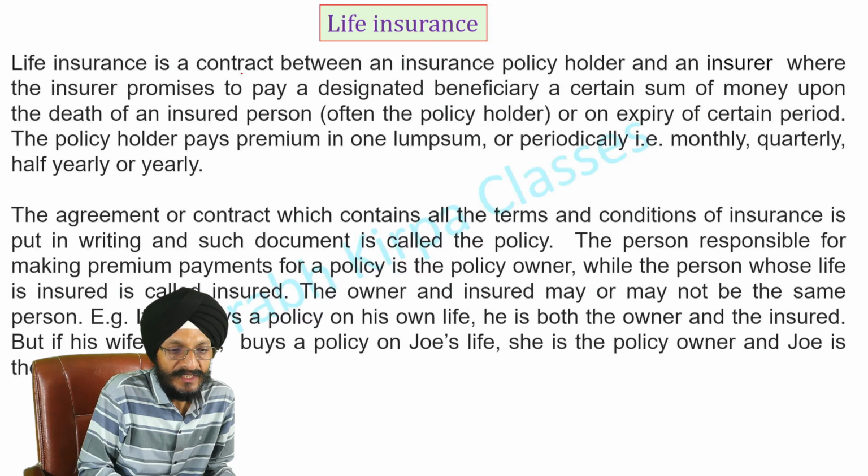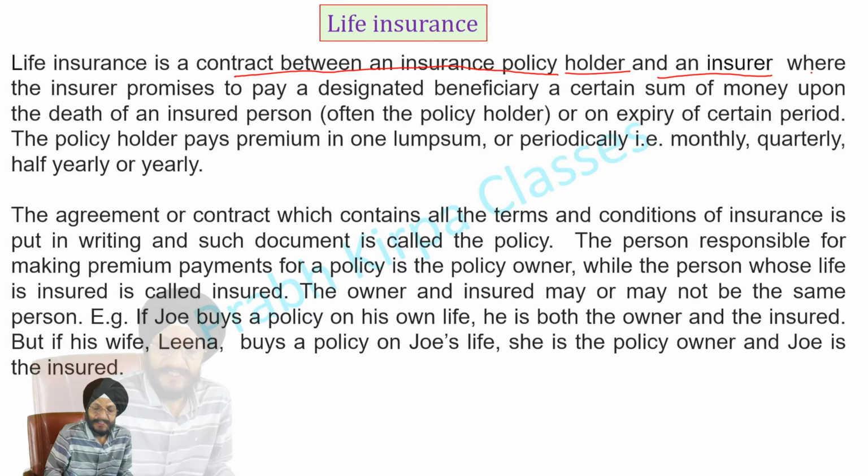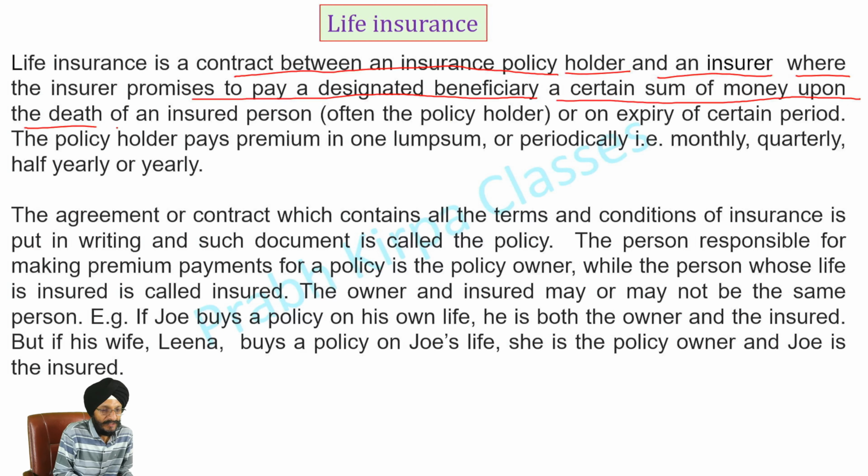Life insurance is a contract between an insurance policy holder and an insurer, where the insurer promises to pay a designated beneficiary a certain sum of money upon the death of an insured person, often the policyholder, or on expiry of certain period.